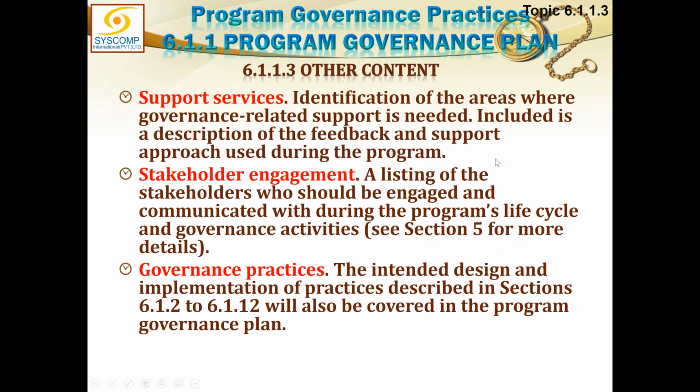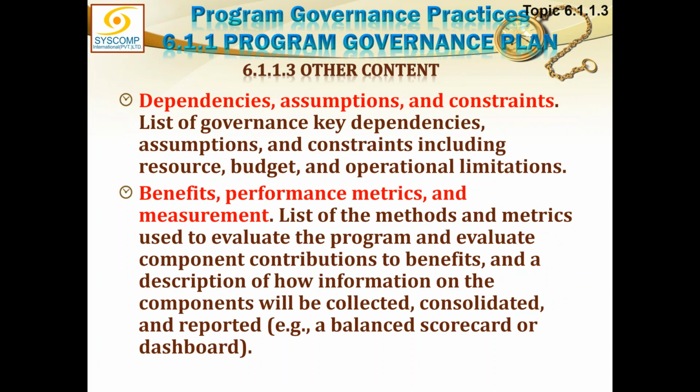So at that stage, what could be the assumptions? Naturally, they will be a little better than the charter, nothing more, almost the same thing. So if there is any clarification due to governance guidelines, those assumptions and constraints may be considered, and we may have certain things about resource, budget, and operational limitations which could be defined.